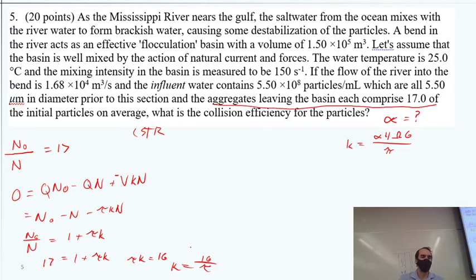So then we can take it back. And we still need to solve for G. Well, G was given, but the flock volume, right? So the flock volume was something we need. G was given as 150 per second.